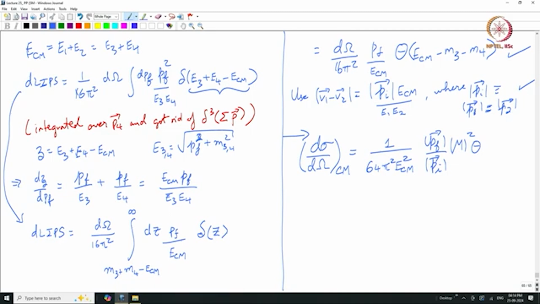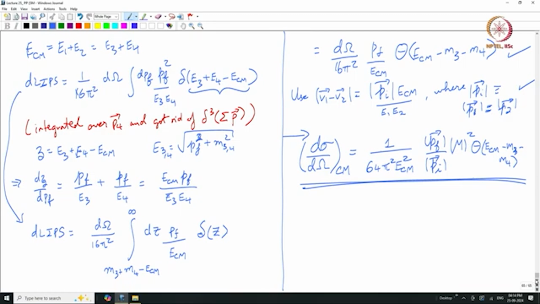Okay. So, ECM minus M3 minus M4, which ensures again that you have enough energy in the initial state to form the final state. Okay. So, this is a general equation for the differential cross section in the center of momentum frame.